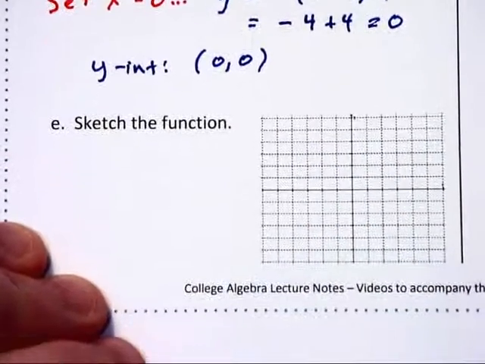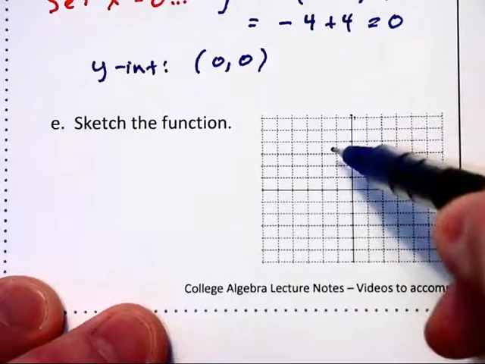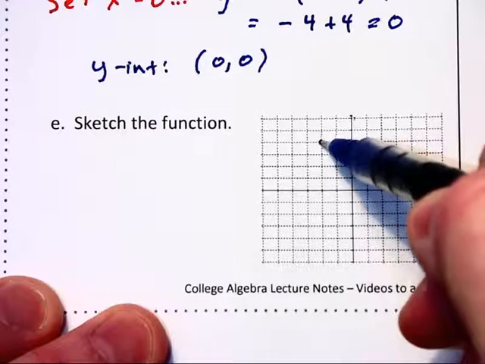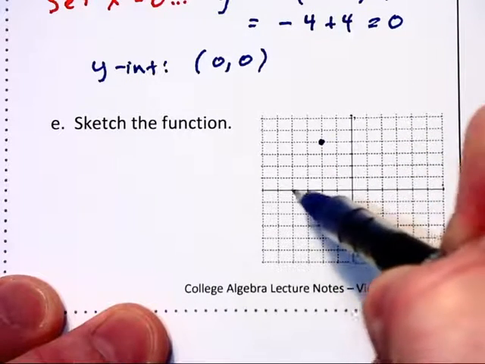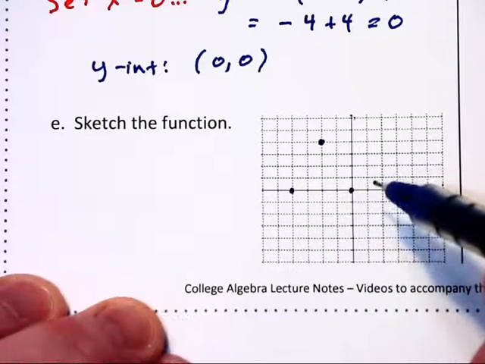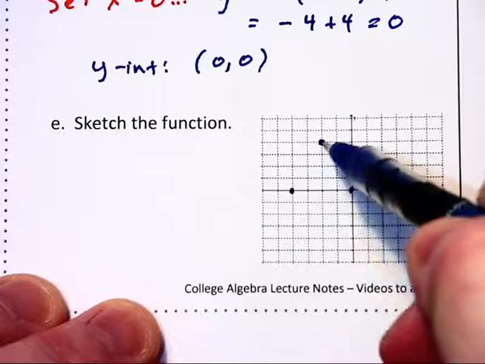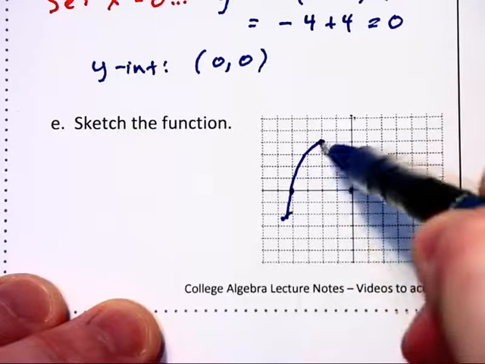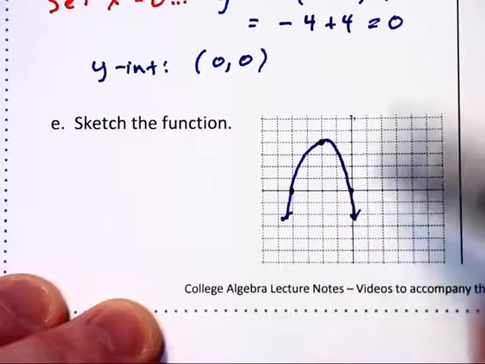To sketch this function, we will begin by plotting our vertex up at (-2, 4). We will plot our two x-intercepts at (-4, 0) and (0, 0), and this should be enough information to help us sketch the curve.